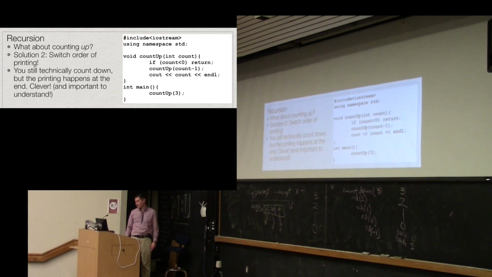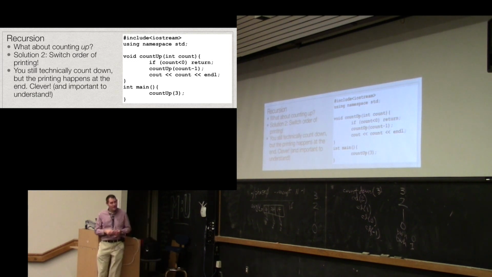Okay? What if we did this? What have I changed here? If count is less than 0, return. That's the same. Count up, count minus 1. What did we do before? We printed before. Now we're going to print afterwards.